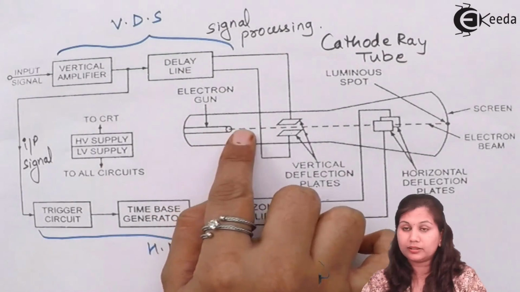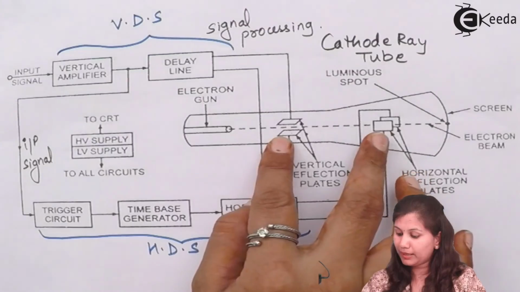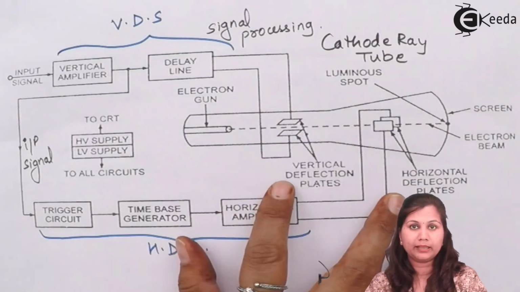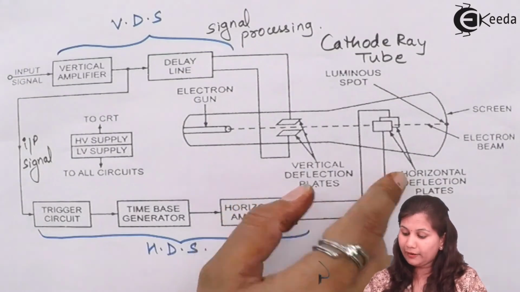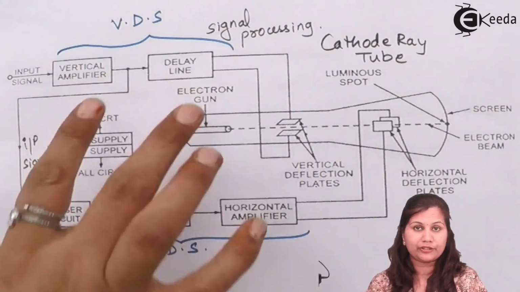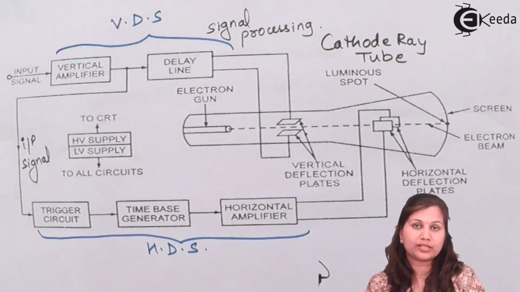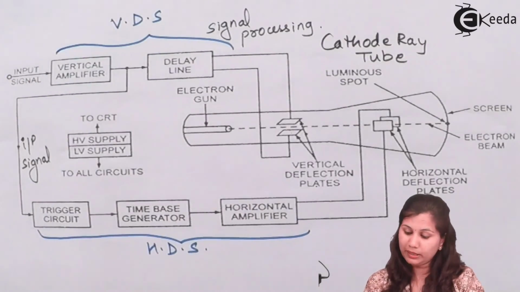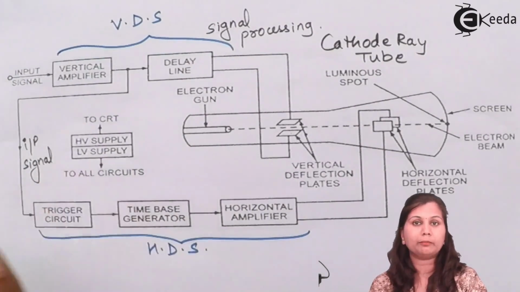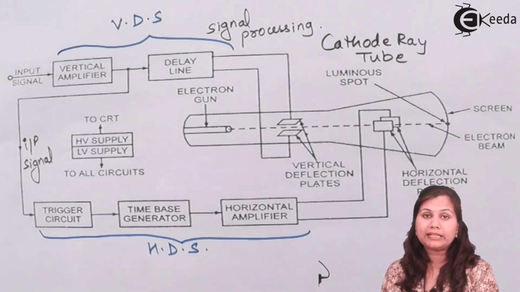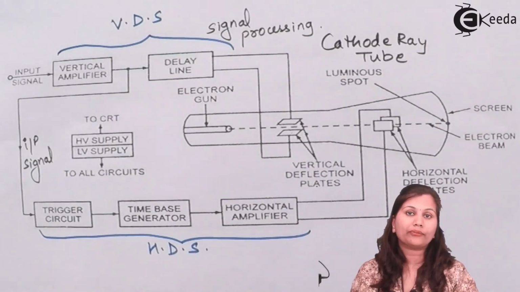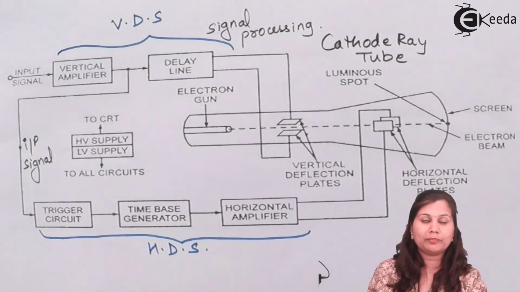Then the electron beam passes through the plate system, then it is focused on the screen. After that we studied the two deflection systems, horizontal deflection system and vertical deflection system, and in the last we studied the power supply section of the CRO. So that completes the various components of the cathode ray oscilloscope or the CRO.